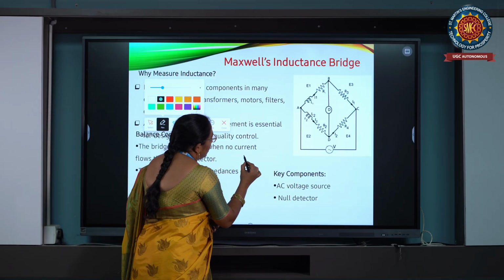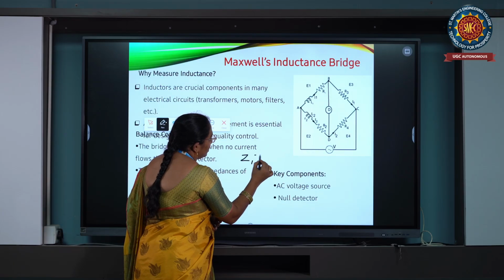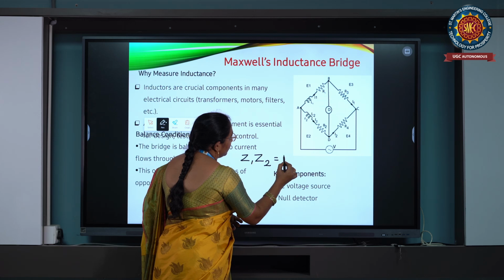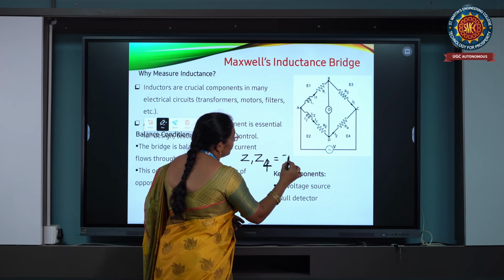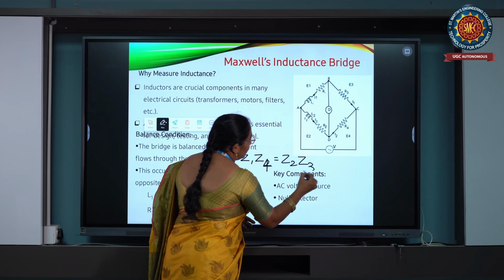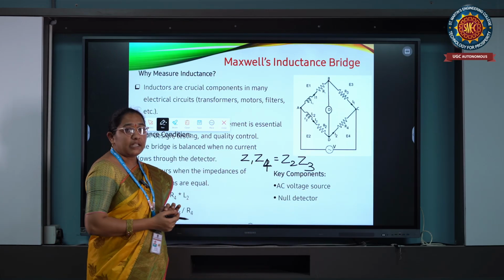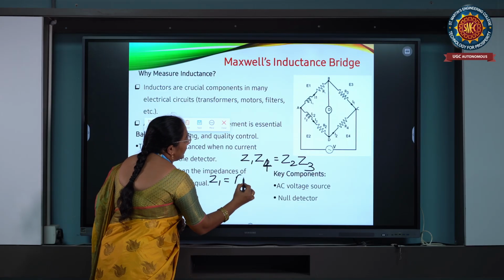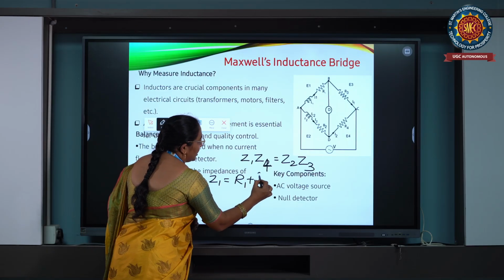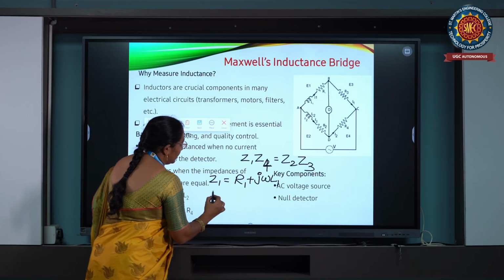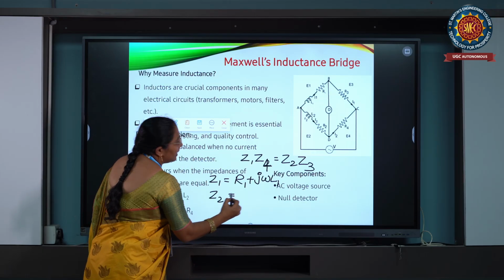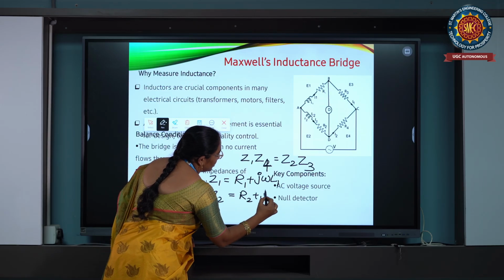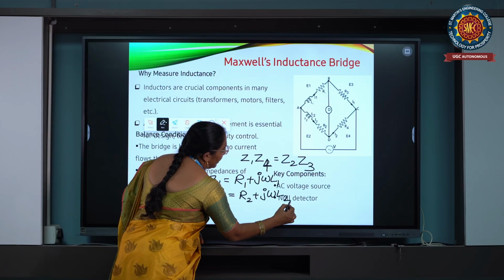What is the balance equation for the bridge? Z1 Z4 is equal to Z2 Z3. Here, Z1 is taken as R1 plus j omega L1, and Z2 is taken as R2 plus j omega L2.